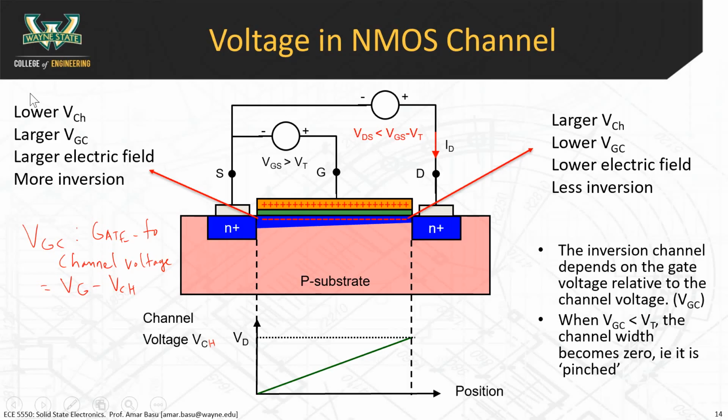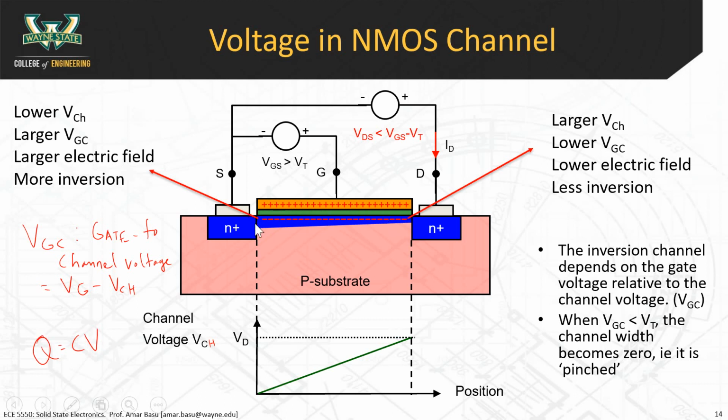So on the left side, the channel voltage is low, so VGC is going to be large. And when you have a large voltage across a capacitor, that means more charge across the capacitor. Q is equal to CV. In a capacitor, the charge is equal to C times the voltage. So this is essentially a capacitor here.